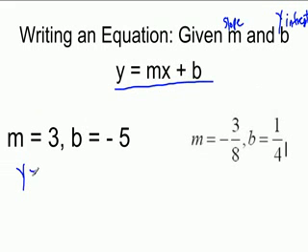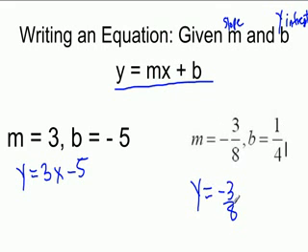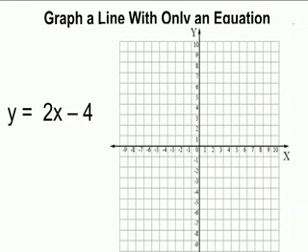So we would just put y equals 3x minus 5. That's in this form right here. If we're given m equals negative 3/8 and b is 1/4, y equals mx, m is negative 3/8 x, plus b, 1/4. That's how you write an equation.